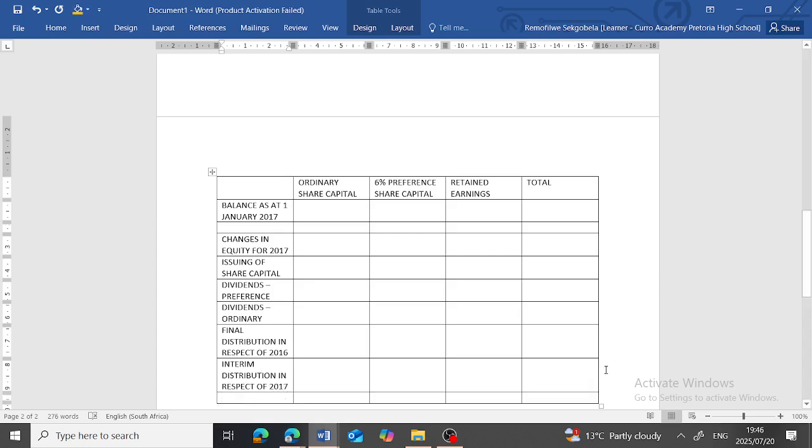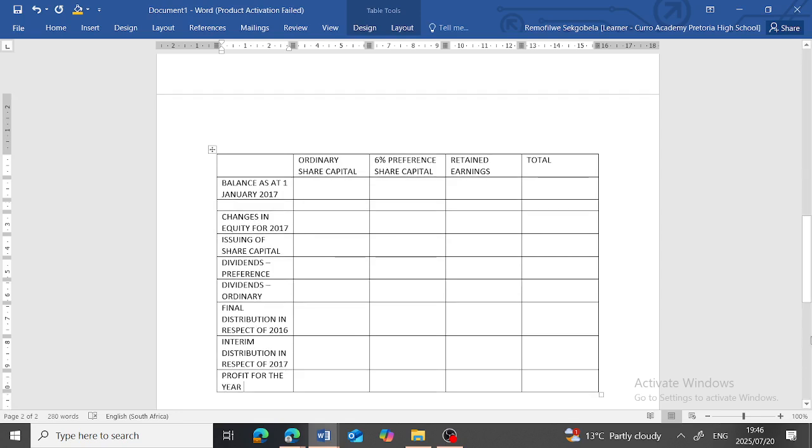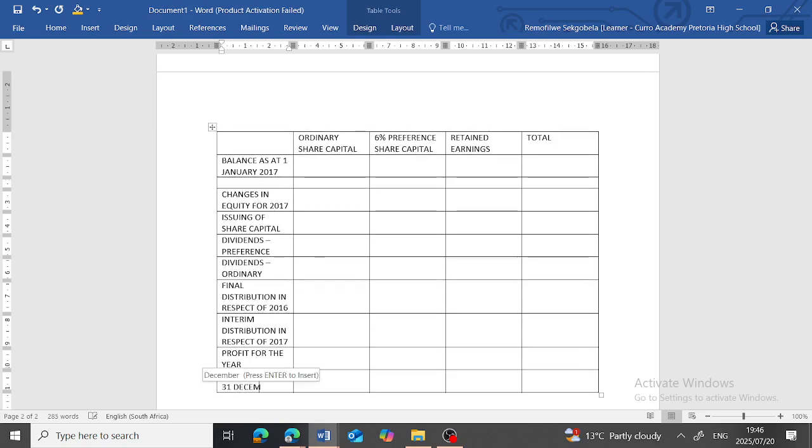Then after that, profit for the year. And then we also have the balance as at 31 December. So let's fill in the information we know.